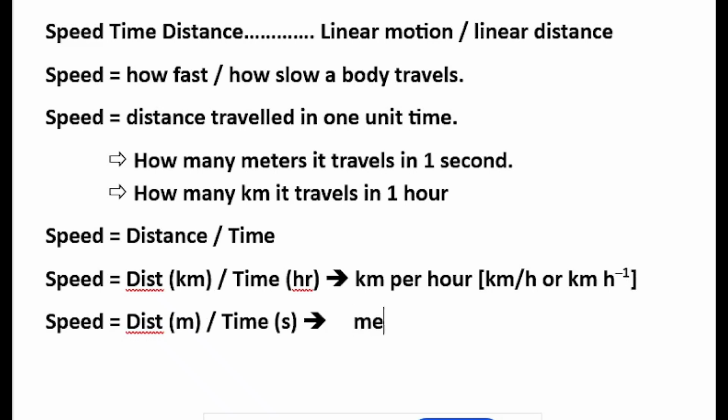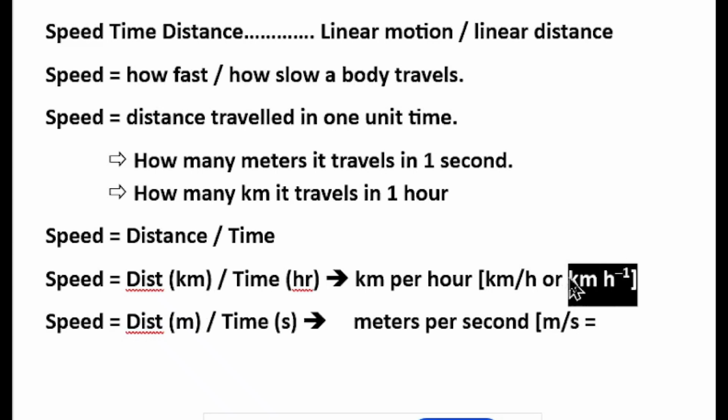So it will be meters per second. Instead of kilometers, we will write meters, and instead of hour, we will write s. So that depends on how your unit is.